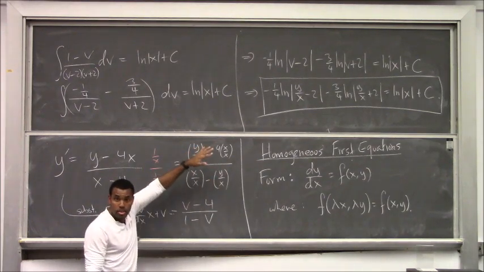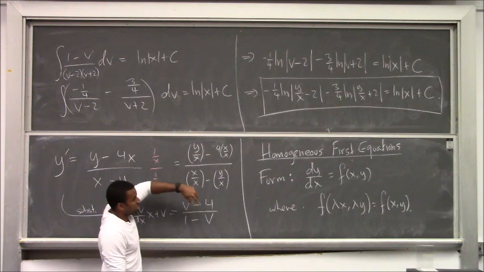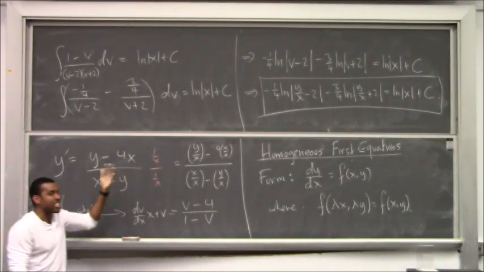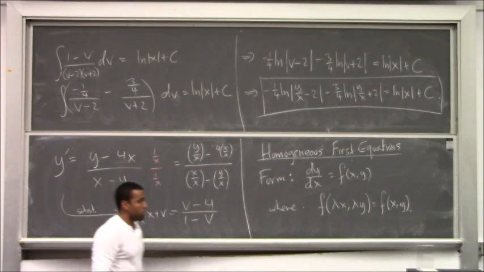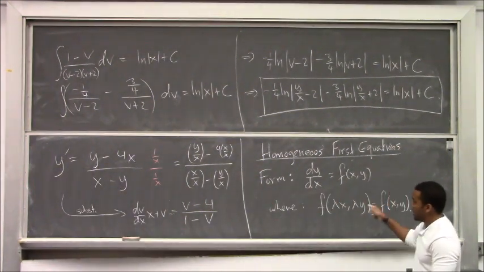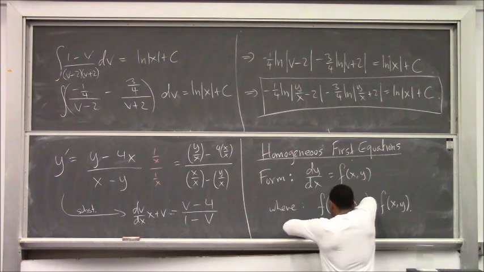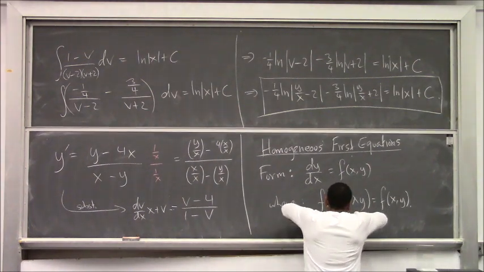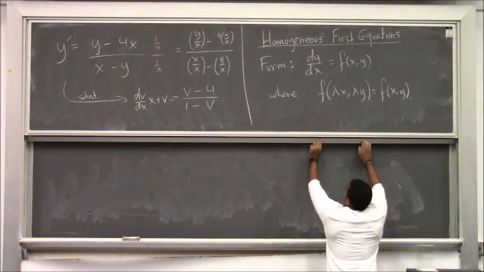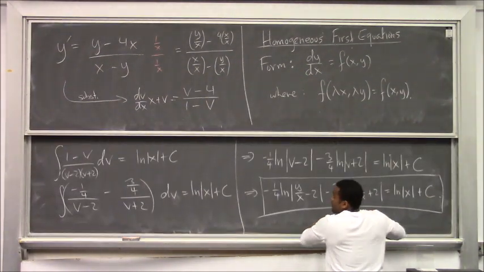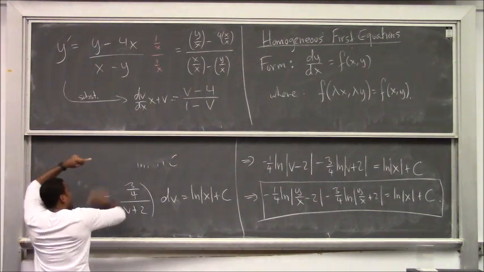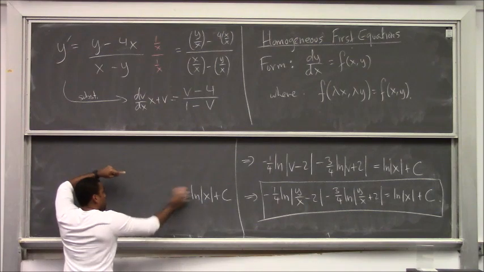Nothing else is going to be affected, right? So it turns out that if this works out, it means this is expressible in the form of a variable y over x, because it'll just revert back to its original function by doing this. So that's the form, and that's the check to know that you have the right form.